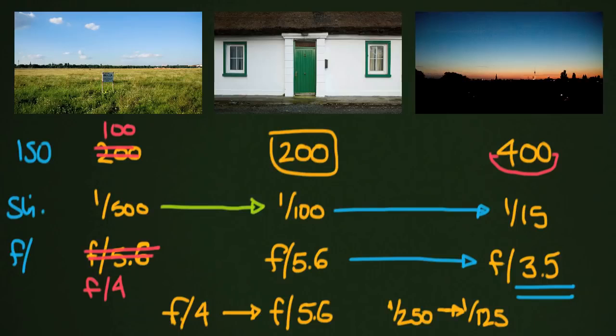So you've moved one stop here, so we've got minus one stop. Now we need to add a stop somewhere else, so we've added our stop here. And the same thing if you were to take this 400 and make this 100 speed film.